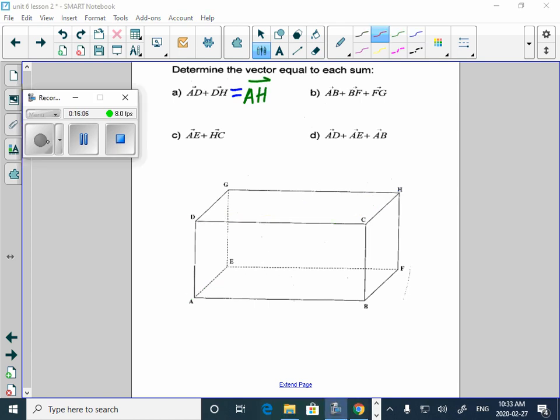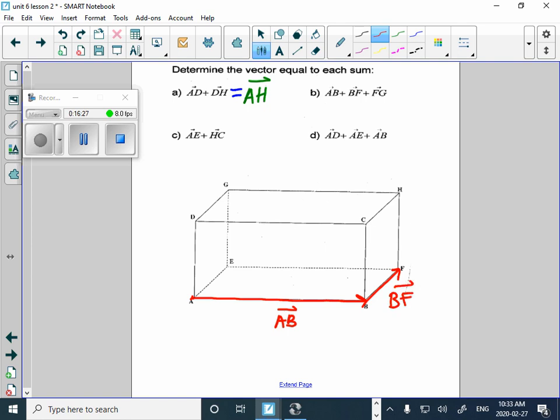The second one, I am starting at A and going to B, so that's my first vector, AB. And then after that, I'm adding to that vector BF. Vector BF starts in the front and goes back to the back. You can see that in 3D.